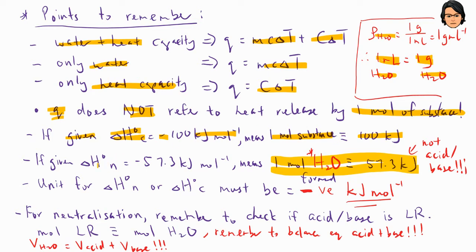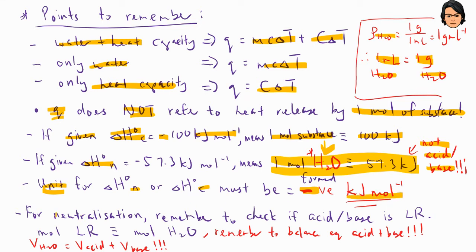Same thing, if you are given the enthalpy of neutralization, that means 1 mole of water, not 1 mole of acid or 1 mole of base, releases 57.3 kilojoule of heat. Then remember the sign and unit for neutralization or combustion must be negative and kilojoule per mole.